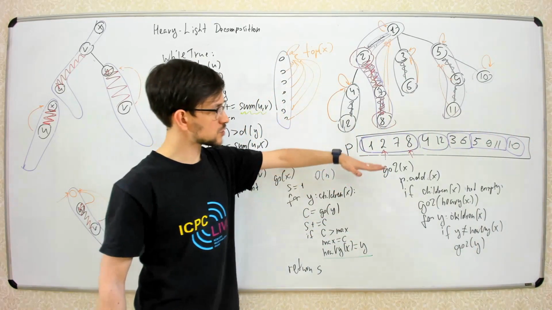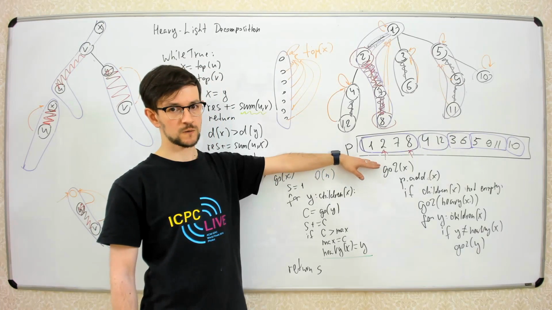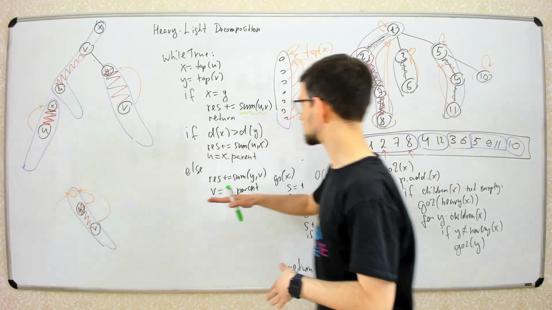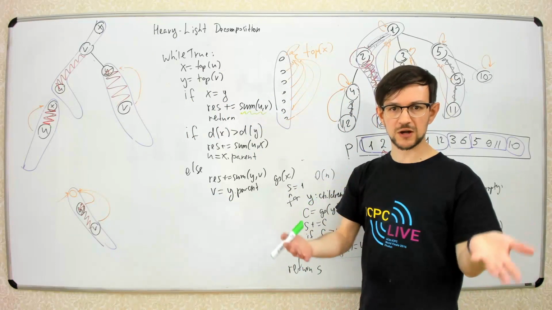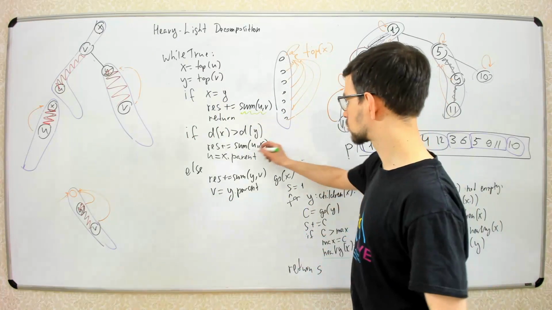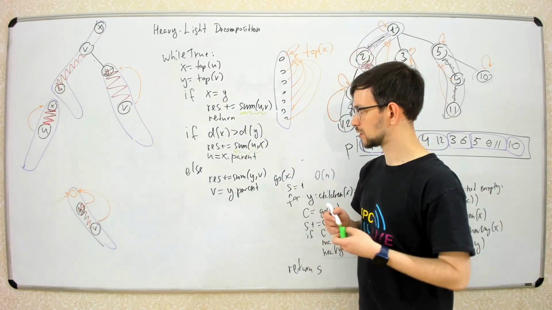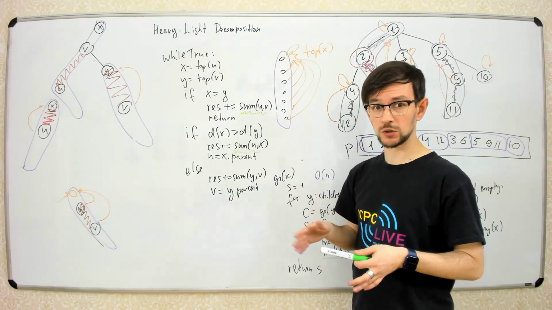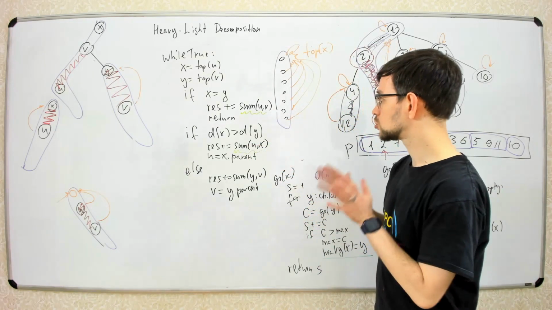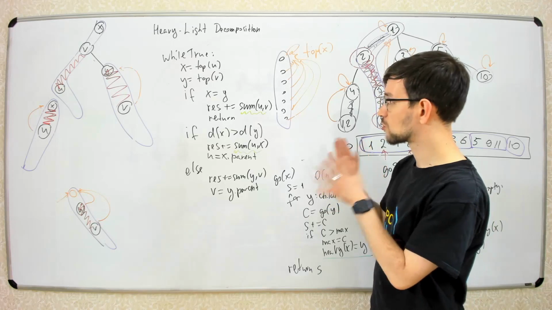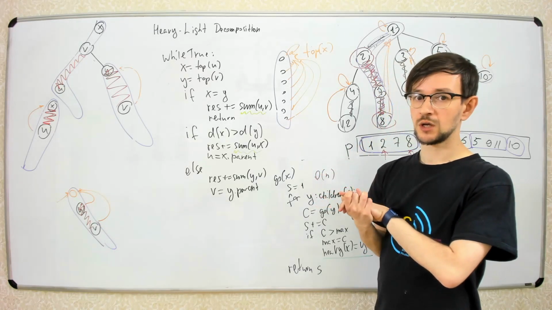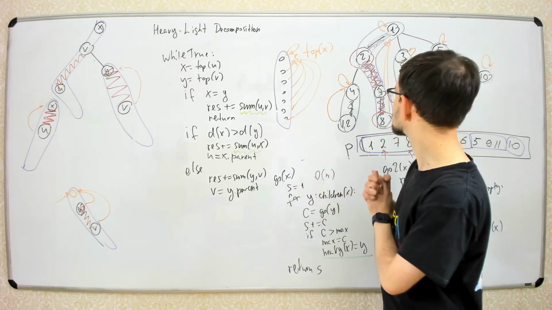Based on this sequence, you build your segment tree. And that's the whole code basically to calculate the function on a path. Here you make two calls to your segment tree. And that's all. It's quite a simple data structure, actually. We'll discuss much more complicated data structures later.